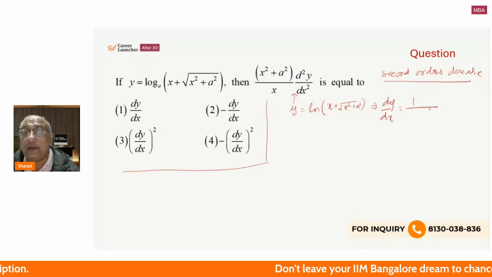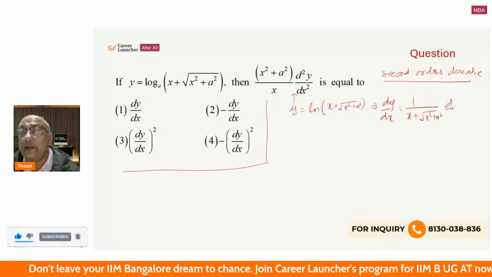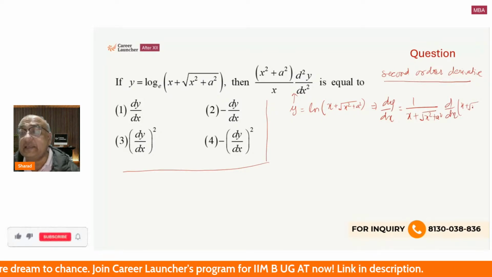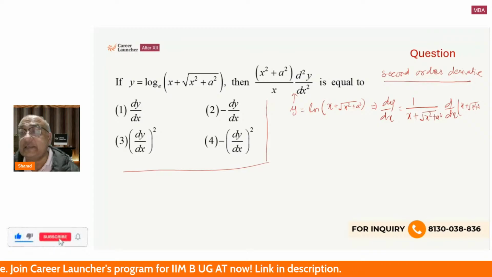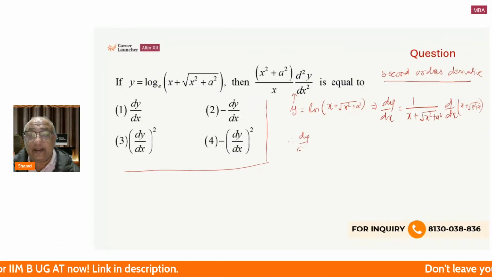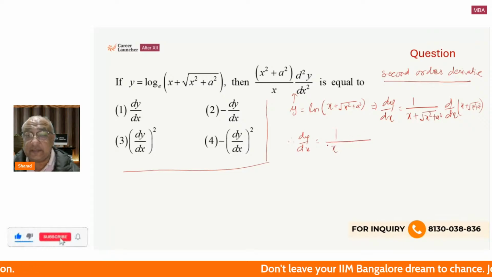1 upon x plus under root, because we are doing calculus, we are dealing only with natural logs. d by dx. So dy by dx is equal to 1 upon, I'll use bracket now, under root.